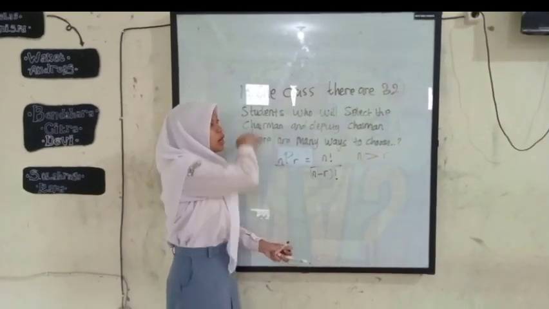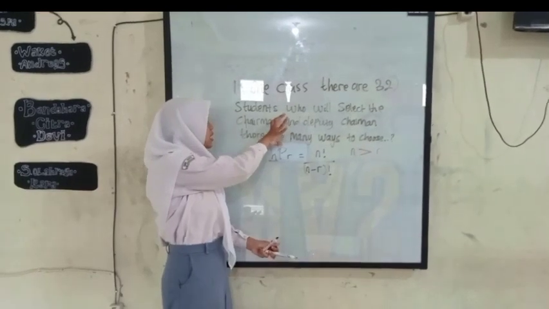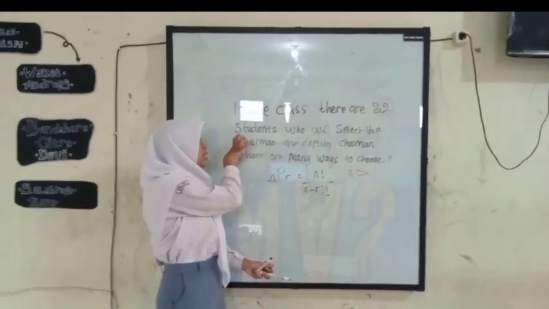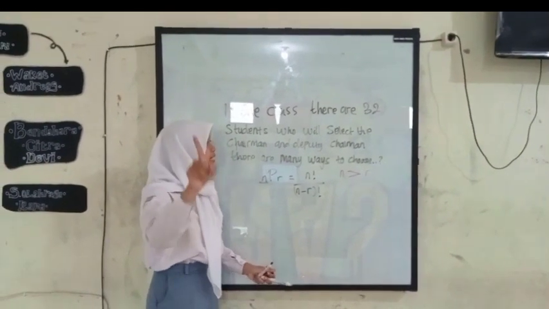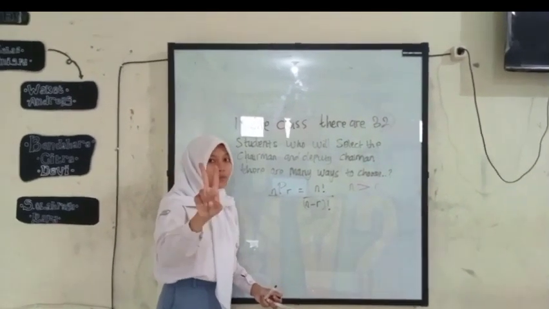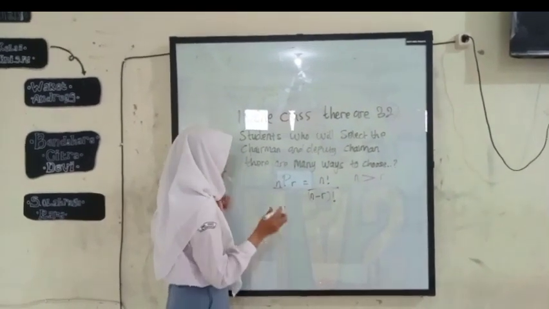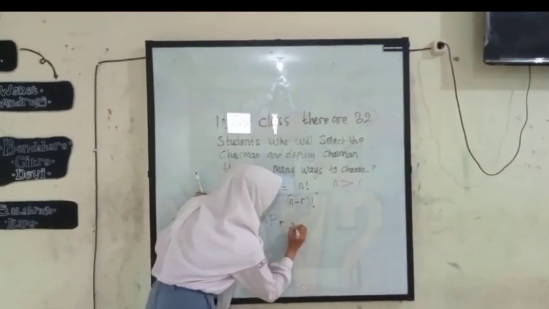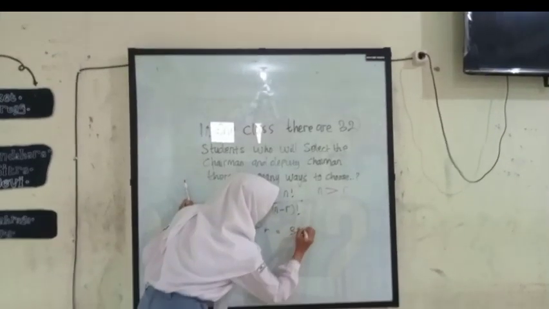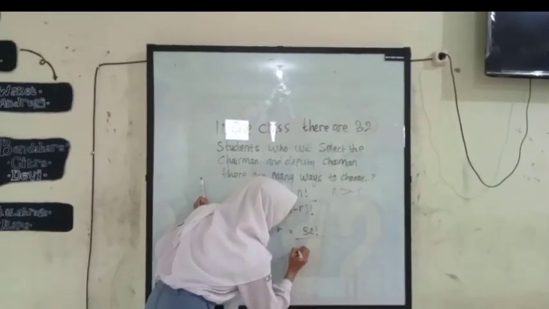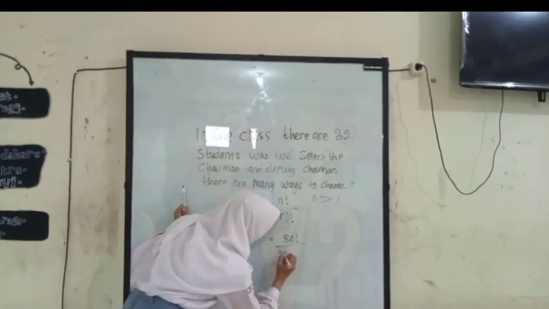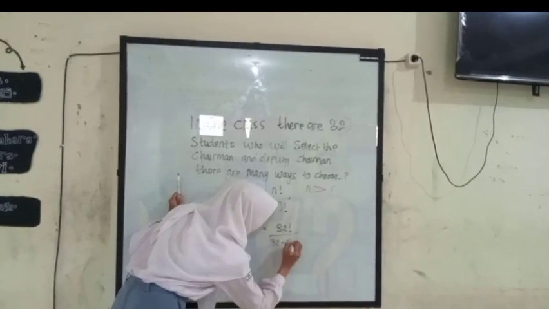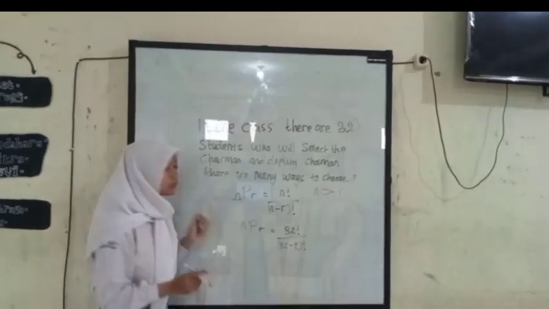Why 2? Because the question says chairman and deputy chairman. So we have 32 factorial per 32 minus 2 factorial.